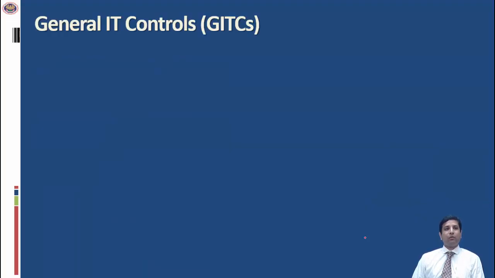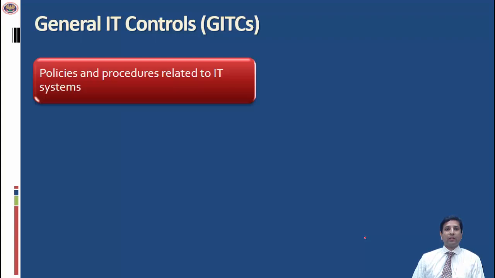So let us start understanding what is general IT controls or general information technology controls. At a very high level, GITCs are the policies and procedures related to IT and systems within a company.